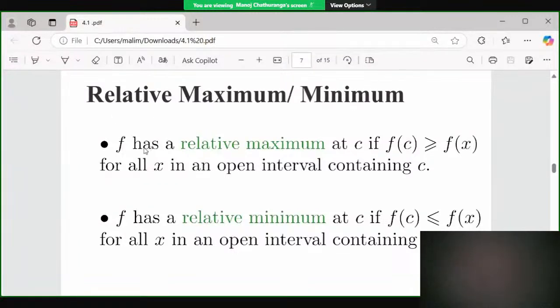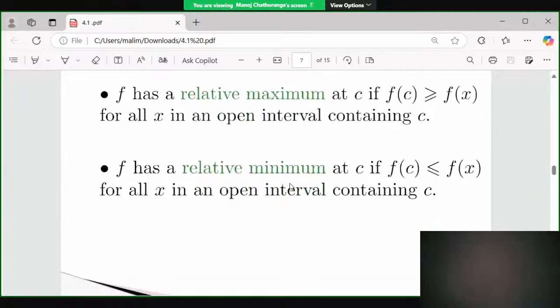So if f has a relative maximum at c, then f(c) is bigger than f(x) for a small interval containing point c. So if it is locally maximum, think about this smaller mountain: for a region around the mountain, the top of the smaller mountain is the highest point. So locally it is a maximum, but on the large scale it may not be the maximum.